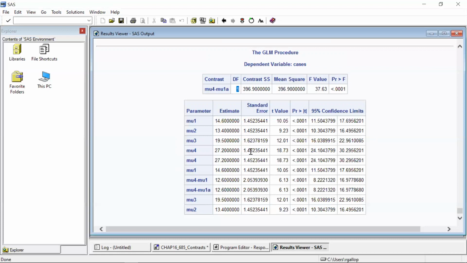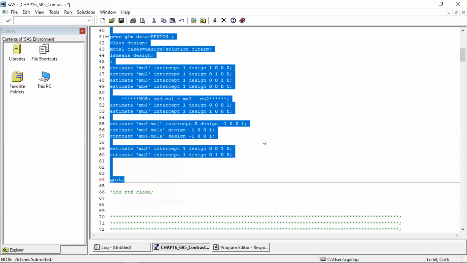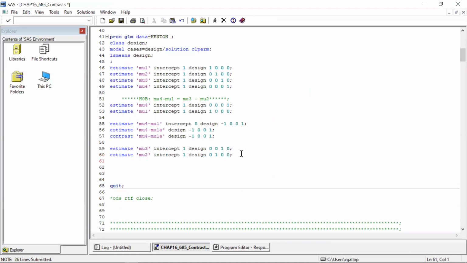So now let's get back to our syntax. Let's do the same thing here. So if I do the same thing here, the estimated difference between mu3 and mu2, same thing in line 59, 60. Subtract coordinate wise. Intercept 1 minus 1, 0.